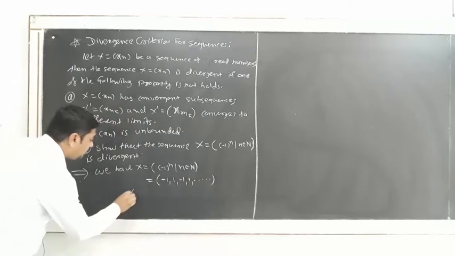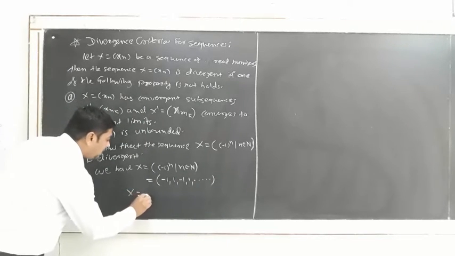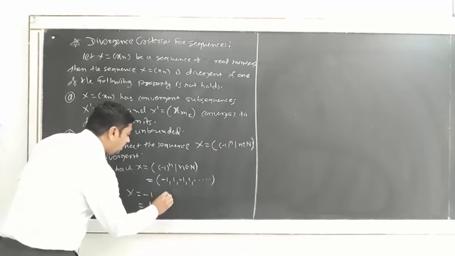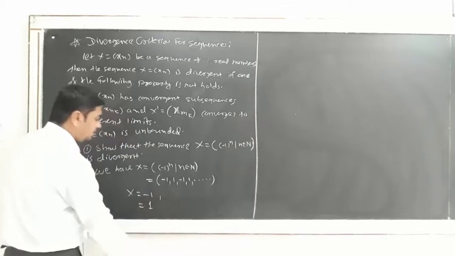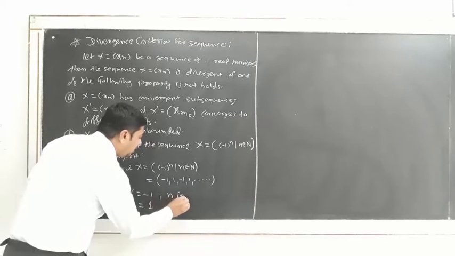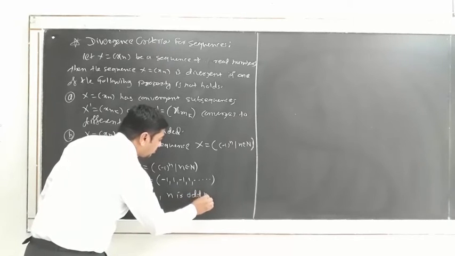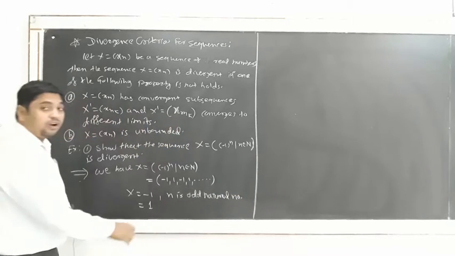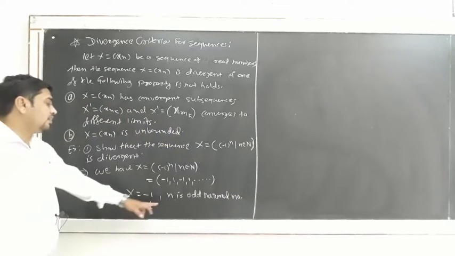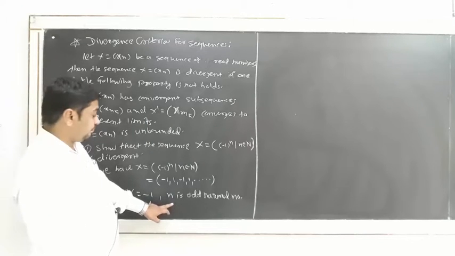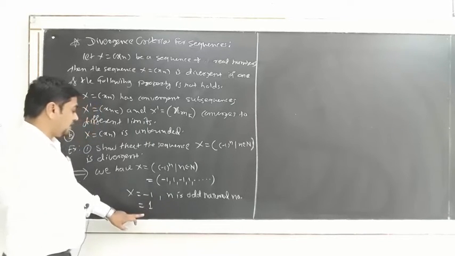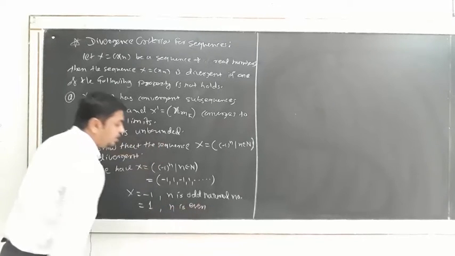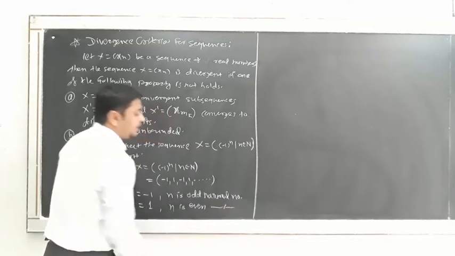That means X takes the value -1 and the value +1. It is -1 if n is an odd natural number, and it is 1 if n is an even natural number.